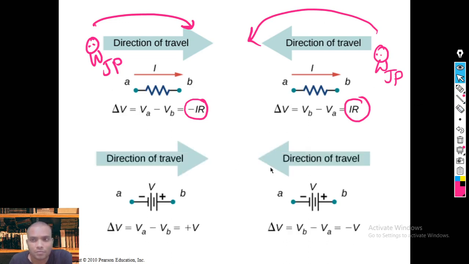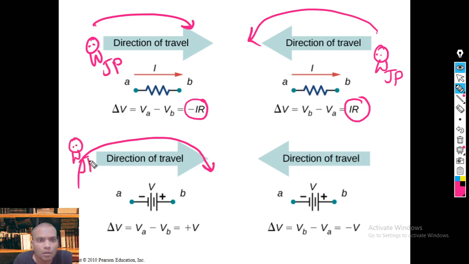One more convention. In our circuit, along with the resistances, we have potential differences, voltage sources. Suppose I am traveling along the loop, and I am crossing a cell from negative to positive.